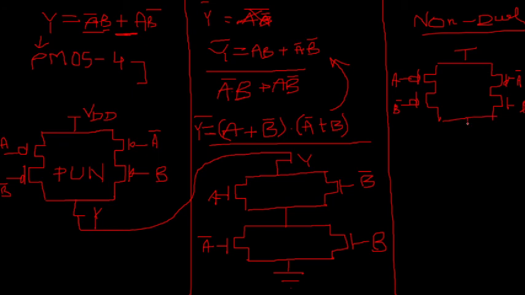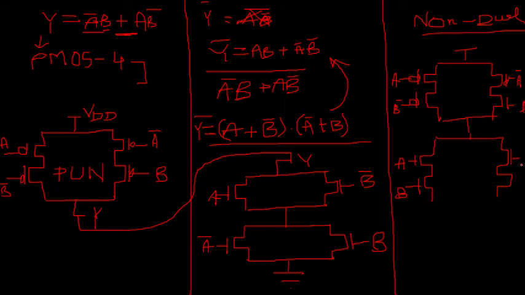For the pull-down network you do not want a dual, so what you can do, you can implement this equation: Y bar is AB plus A bar B bar. So A dot B means two NMOS transistors in series. So this will be your two transistors in series, A, B, and again two transistors in series, A bar, B bar.